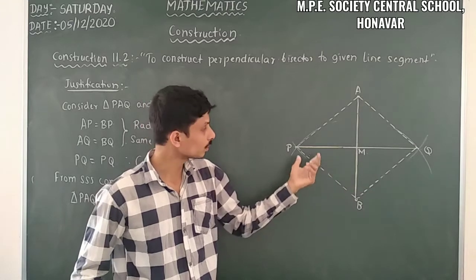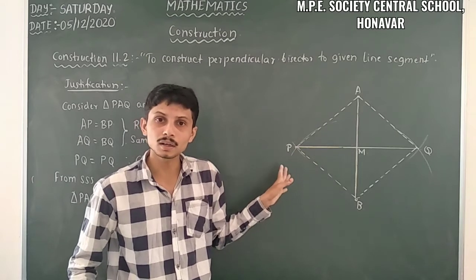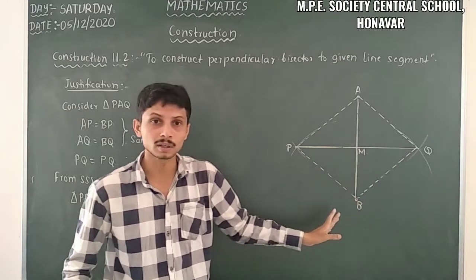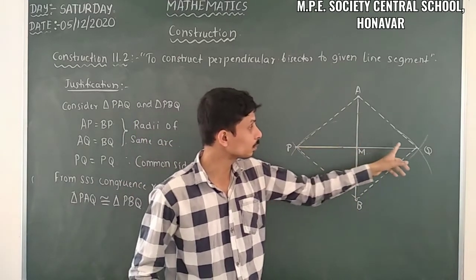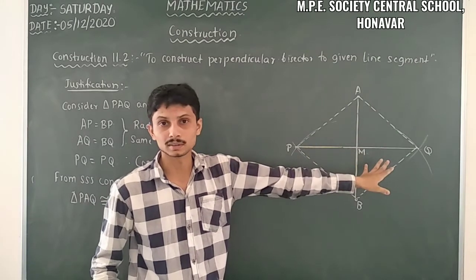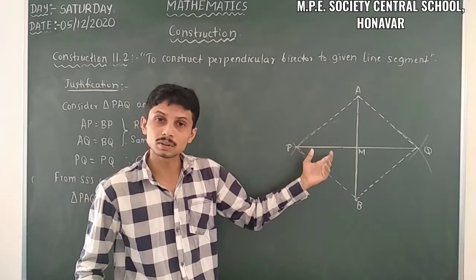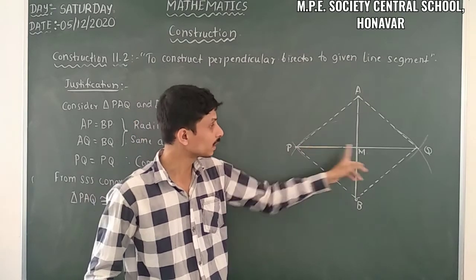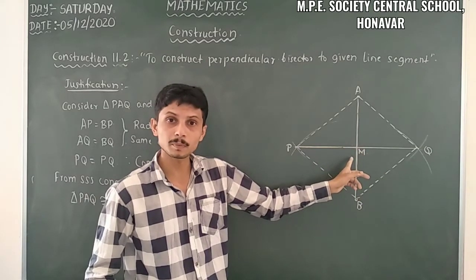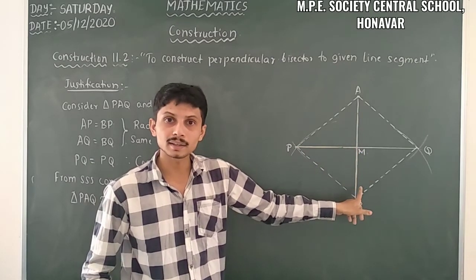Here these two angles can be taken as congruent, or these two angles, but it is not possible to take these two angles as congruent. We can take these two triangles also. Here PQ is an angle bisector, so here we can prove these two angles are 90 degrees.